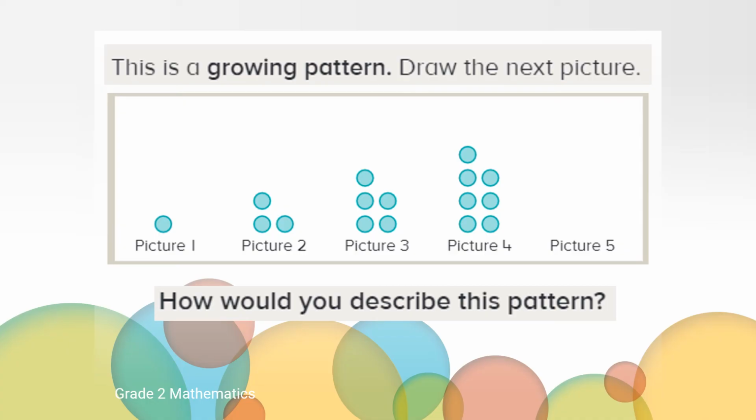I was thinking about what was changing each time. I noticed each time 2 more circles were being added. That must mean that picture 5 would add 2 more circles from picture 4. So picture 5 would have 9 circles.